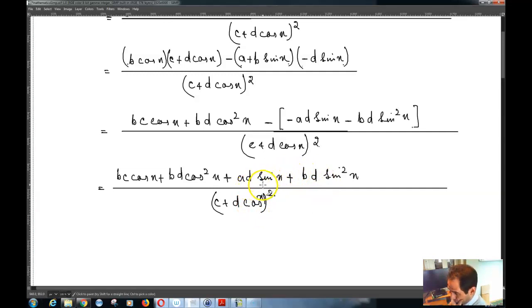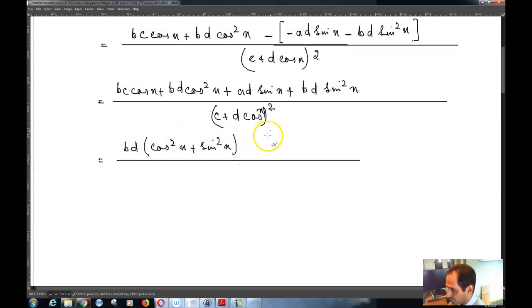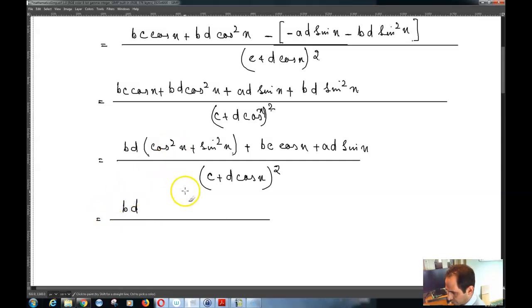Now between this term and this term, you can take a bd out and write it as cos squared x plus sine squared x, which is equal to 1, plus bc cos x plus ad sine x over c plus d times cos x all squared, which is the same thing as bd times 1 is bd plus bc cos x plus ad sine x over c plus d cos x whole squared.